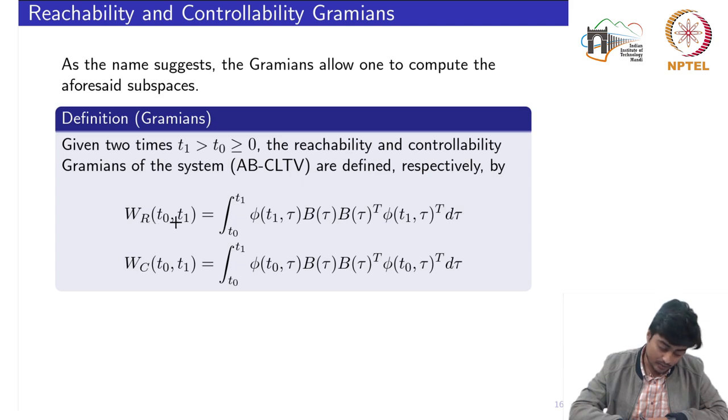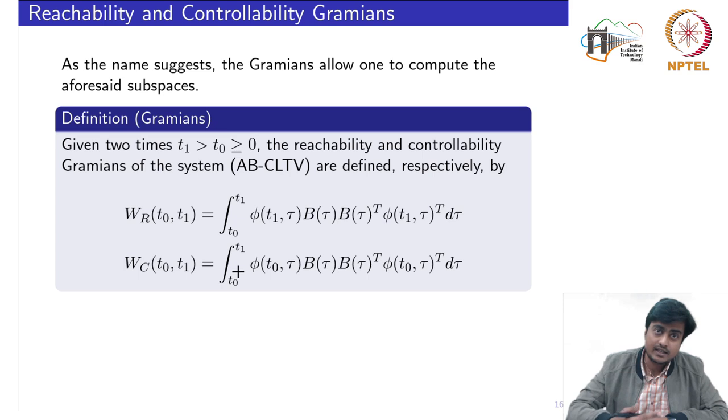WR(t0, t1) is defined by this integral from t0 to t1 of phi, which is the state transition matrix, B is the input distribution matrix, and their transposes. Similarly, WC is defined with the state transition matrix with t0.